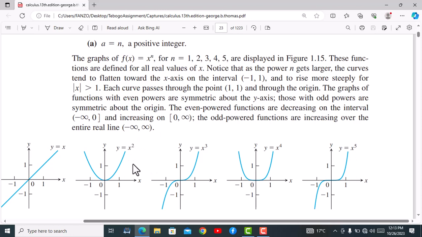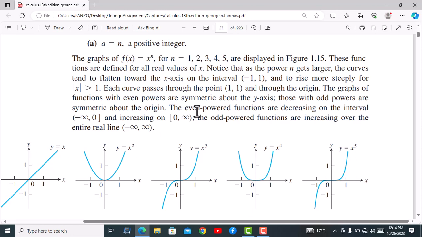For even powers of x, we have this domain. The graph tends to flatten towards the x-axis on this interval. Remember, these are the values of x. So these are the domains, and then each curve passes through the point (1, 1) and through the origin. Okay, that is fine.